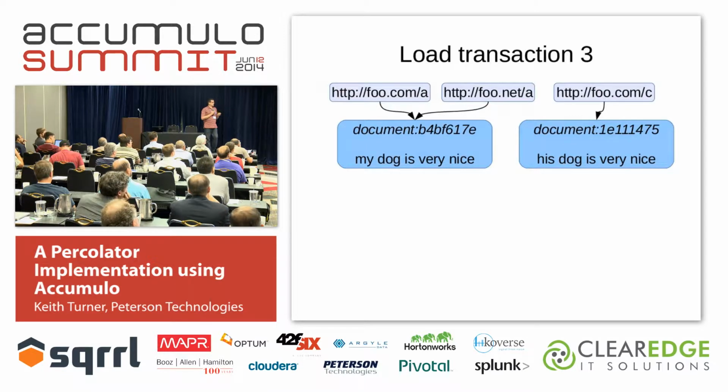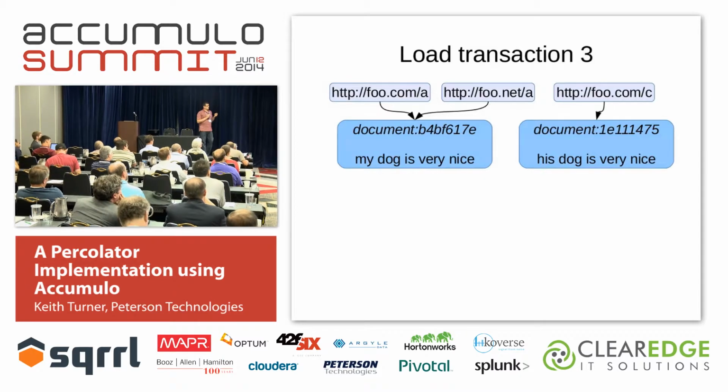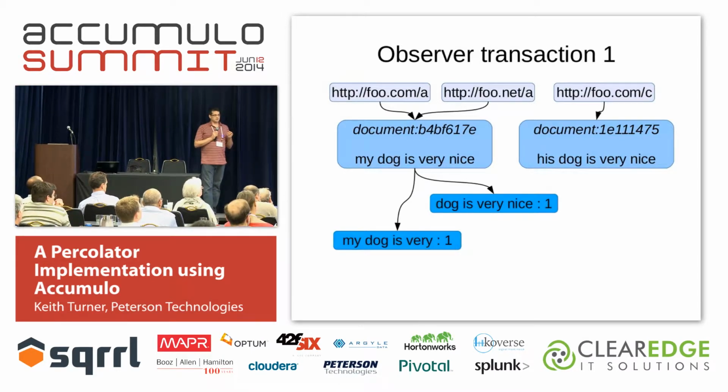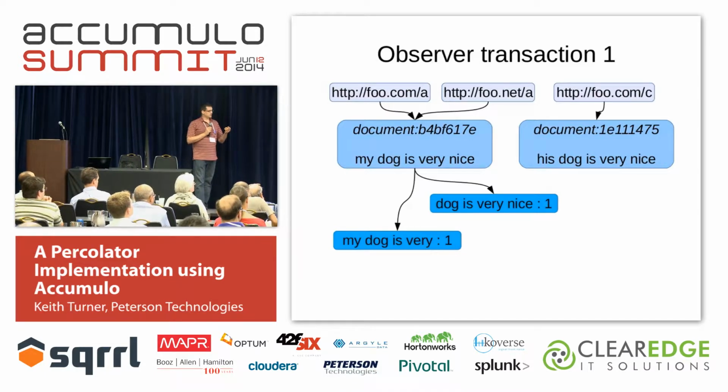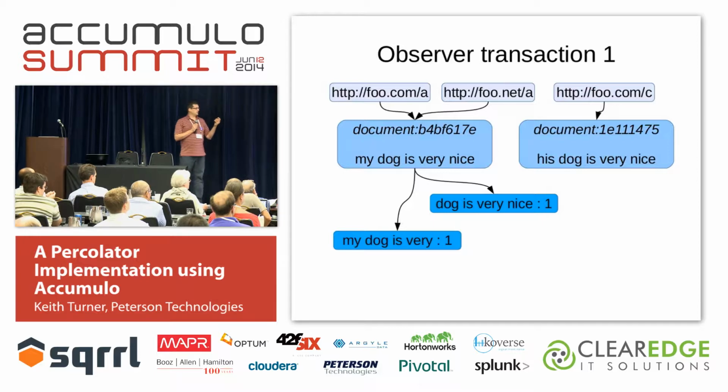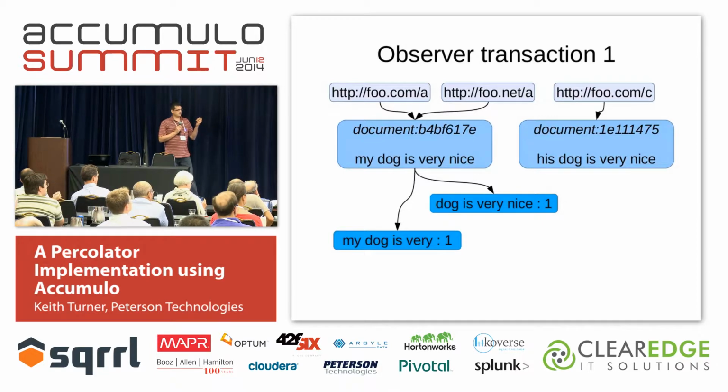So now the documents are loaded, but we've got to get our phrase counts. So I've set up an observer in the system that says, when you see a certain modification made, execute another transaction. So the observer runs, and it indexes two phrases in that document and updates the counts. So that's a transaction.